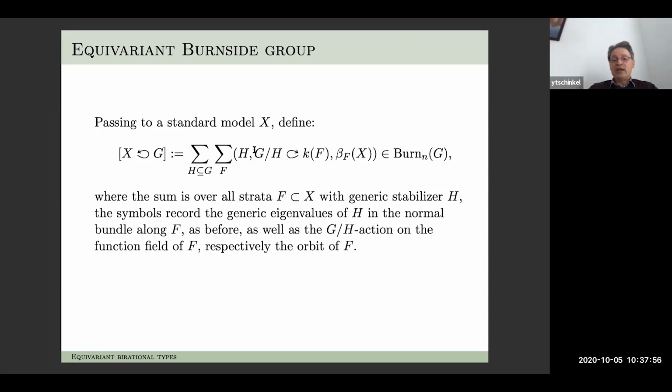And so this G mod H records exactly that. So it's partly an action on F, on the function field of F, and partly translation. And this is, you know, a G mod H Galois algebra. And the relations that we impose, which are completely explicit, give us a G birational invariant. Those are the new invariants.